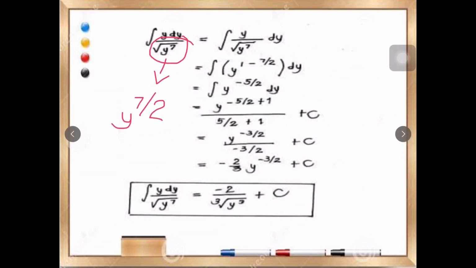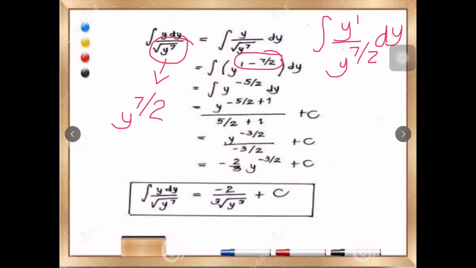So the integral of y over y raised to 7 over 2 dy is equal to y raised to 1 (imagine an implied 1 here) minus 7 over 2, by the law of exponents. We will get negative 5 over 2.